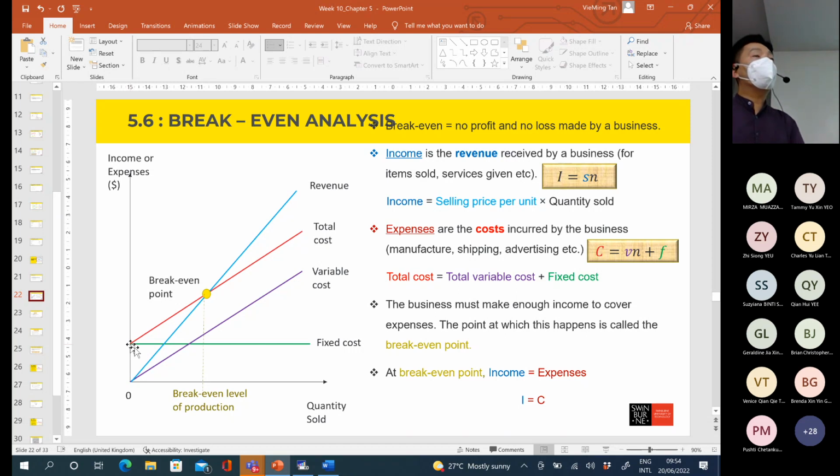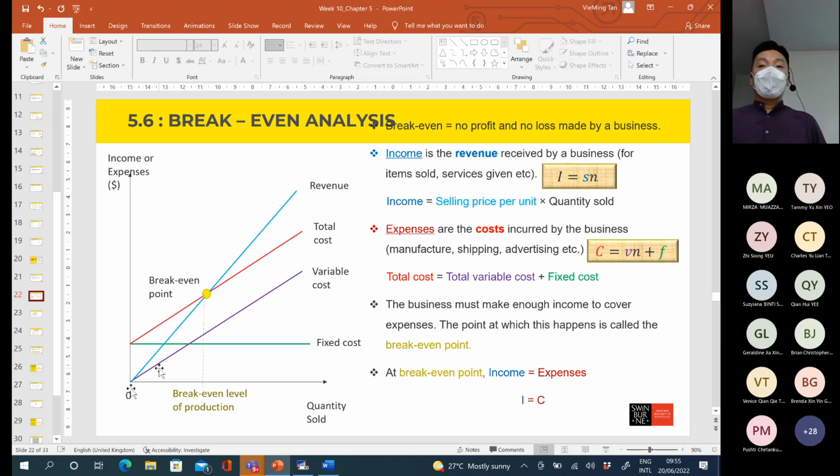Then how about variable cost? Variable cost is the cost that increases when the units of production increase. You may find that the variable cost is an upward sloping line. When the production is equal to 0 units, there is no variable cost, but it will increase when the quantity of production increases.